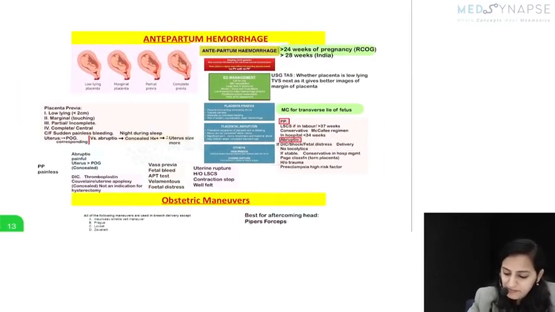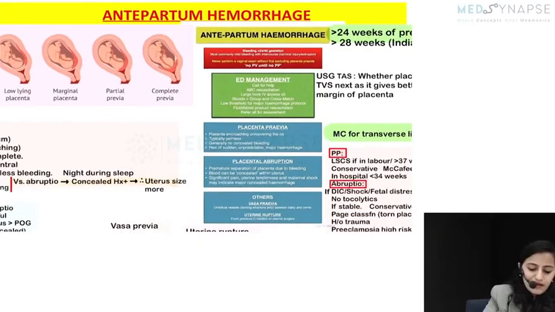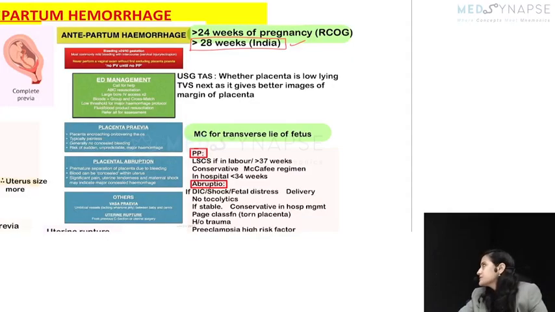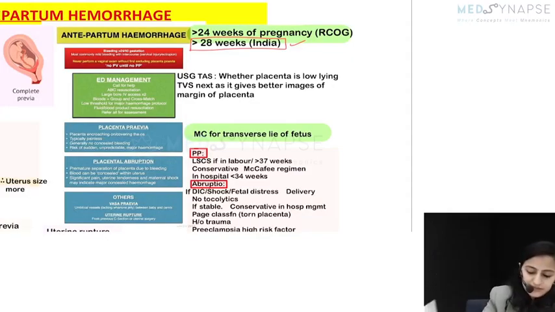Coming to antepartum hemorrhage. Antepartum hemorrhage is defined as hemorrhage occurring after 28 weeks. In India, basically we use the timeline of after 28 weeks.